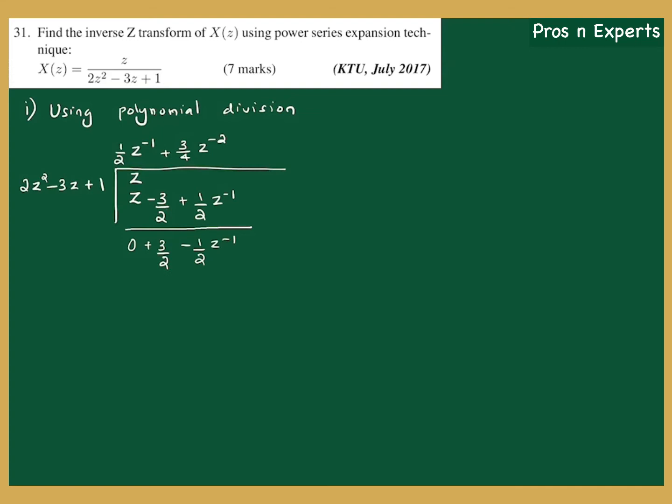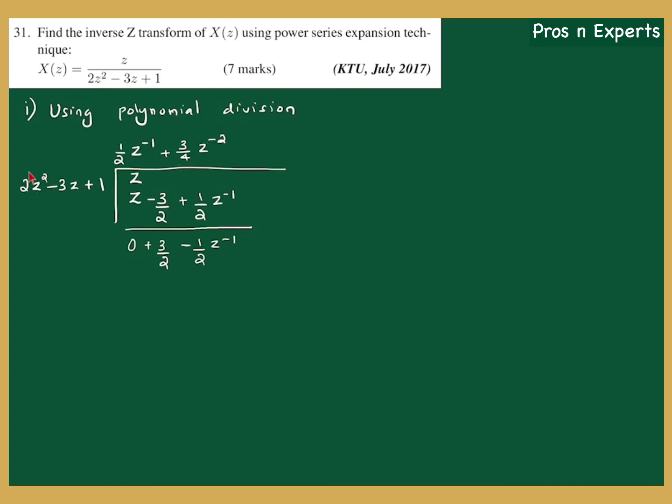But since this divisor and quotient have more terms, these two terms also should be multiplied with the quotient. So when you multiply minus 3z with 3 by 4 z inverse 2, it will give you minus 9 by 4 z inverse. Once again, our quotient is 3 by 4 z inverse 2.